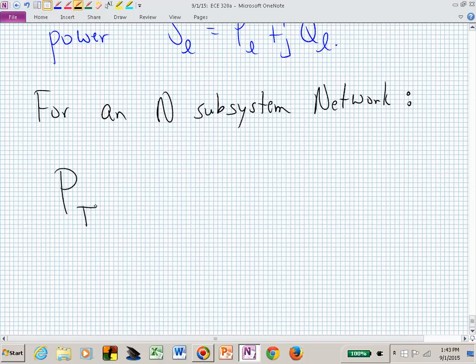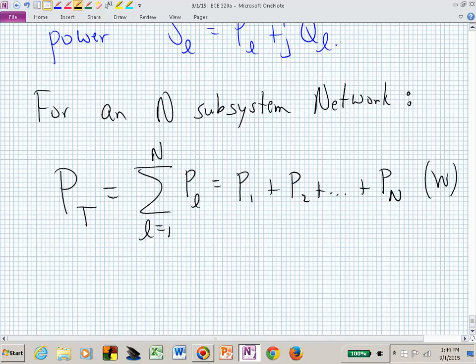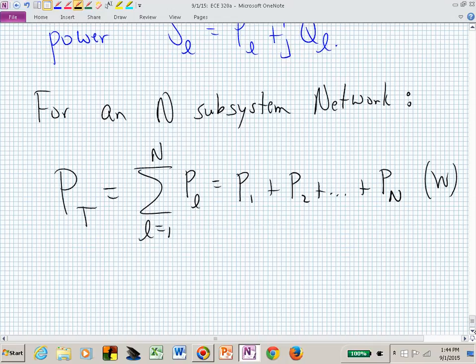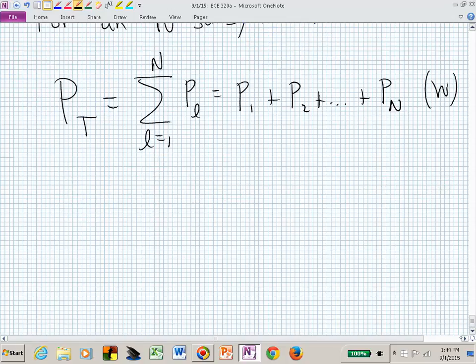If we wanted to find the total power, we just sum up all of those P's. So we now have P sub 1, P sub 2, up to P sub N, and obviously we need to account for the signs of those powers. Some of those powers might be supplied, some might be absorbed. But if you account for all of those, then the total power would be just their sum, no matter how these loads are interconnected.